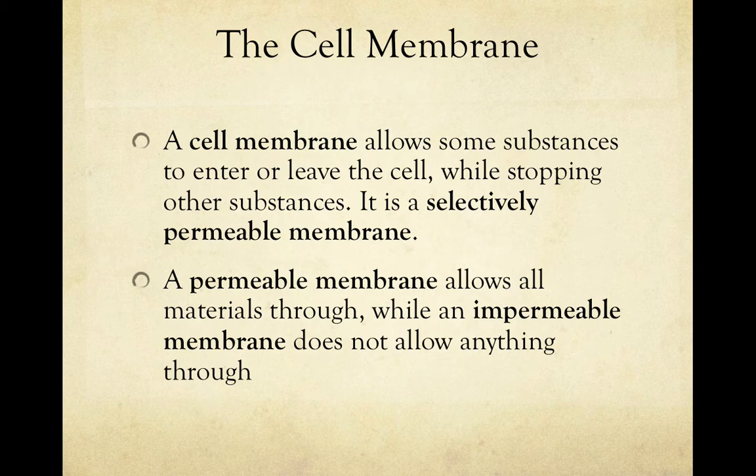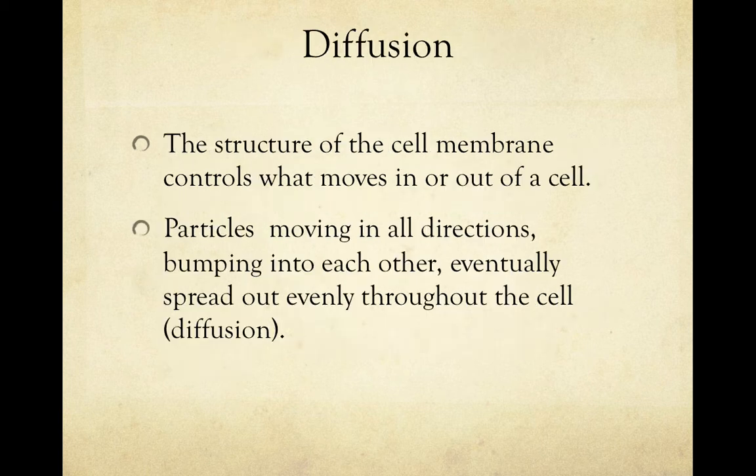Sometimes we get particles or molecules that are too big to fit through. And water is one substance that tends to be able to fit through in many different cases.